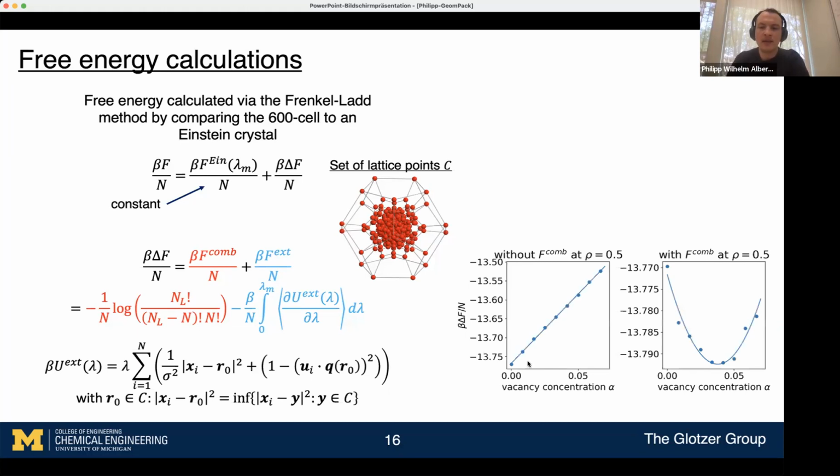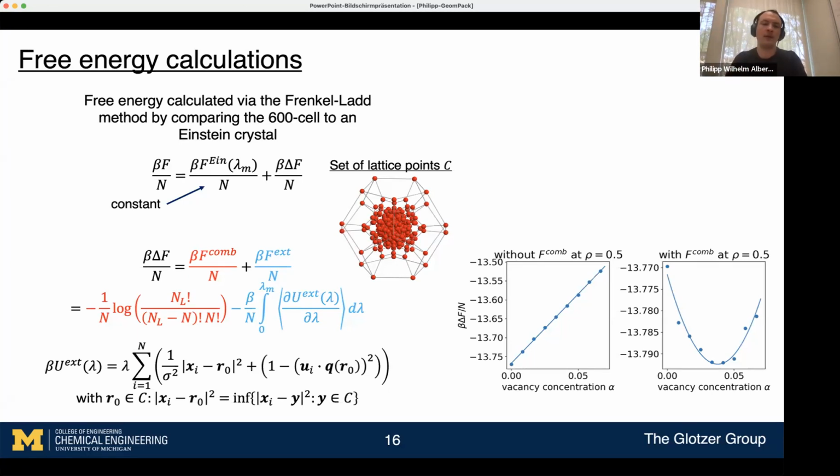And what you can see here is that if you don't consider this combinatorial entropy of vacancies, you get the minimum free energy at a vacancy concentration of 0.